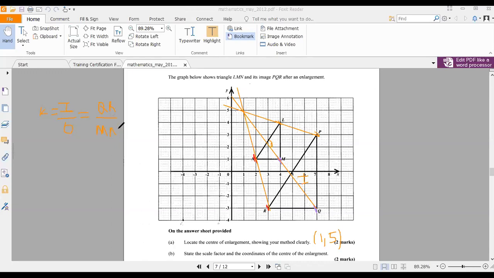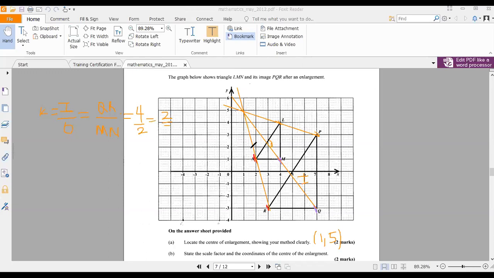Now your QR happens to be how many boxes? 1, 2, 3, 4. So that means 4 over 1, 2. So when you work it out, 4 divided by 2 gives 2. So the scale factor is 2.